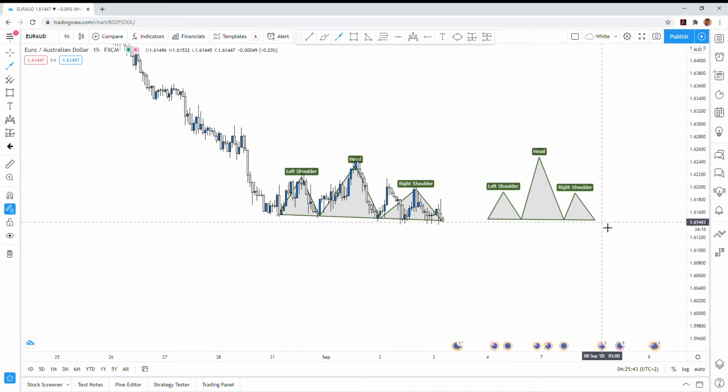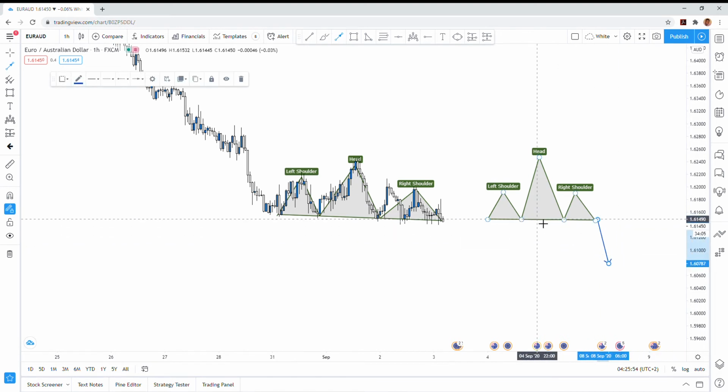A certain level has to be broken, and then price has to come and retest that zone. In this instance, if price does this, that's a break, right? Okay, not this deep, but I hope you understand. Let's say price breaks this neckline, the neckline that I want.